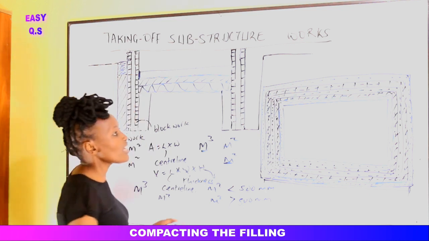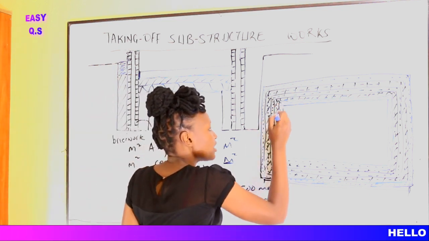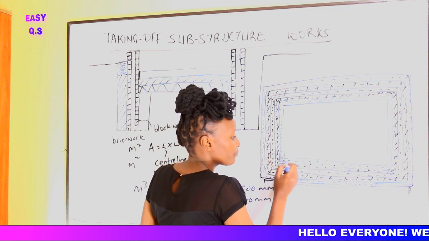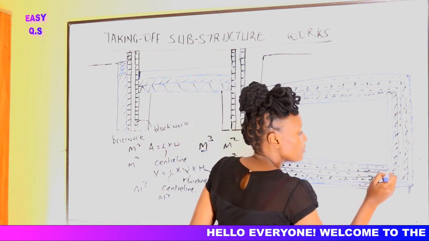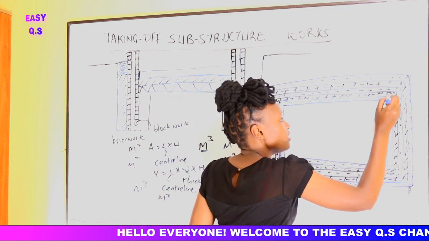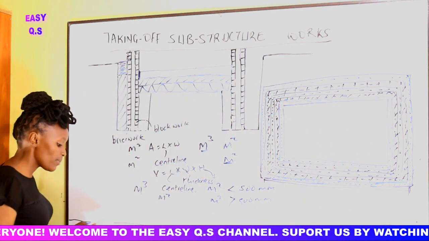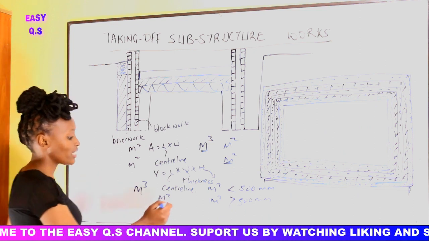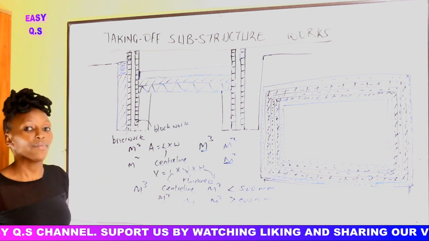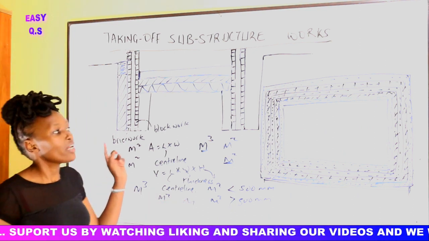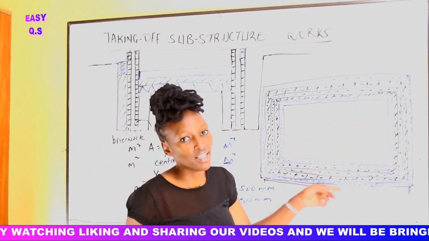Alright, so all around here we shall have the DPM, all around the internal dimensions of the wall. That DPM is usually measured in linear meters, and in case we are told linear meters, that tells us it's the internal perimeter of that house.